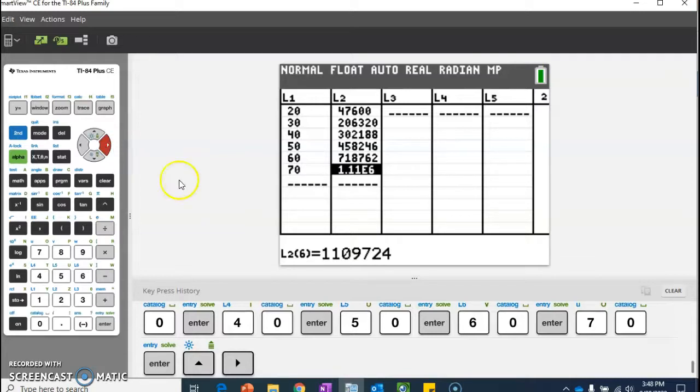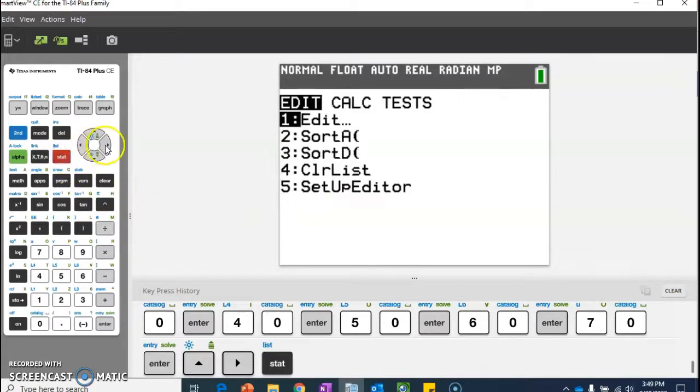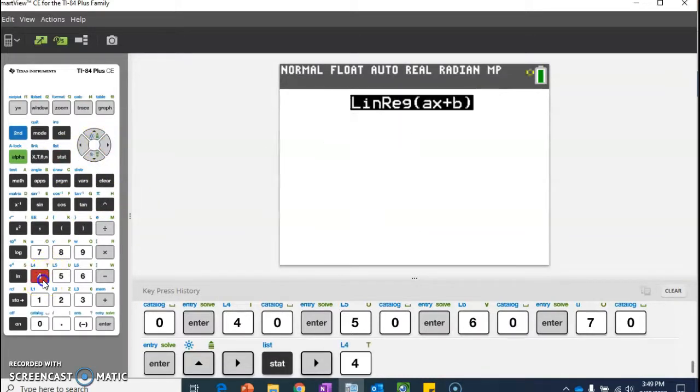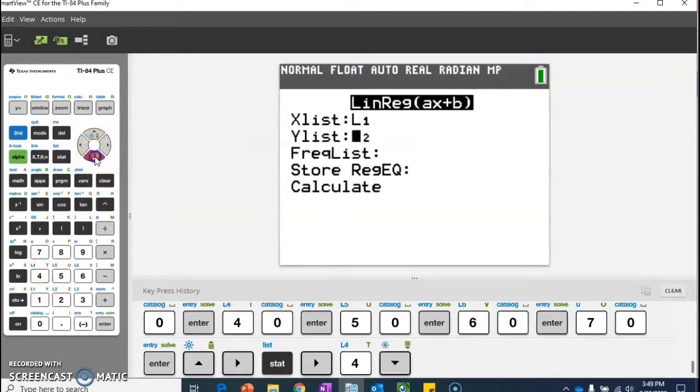But notice how at the bottom of the calculator screen, it tells me the actual value that is an estimate of. So the actual value is still in the calculator, just in case you're wondering. So now I'm going to go to Stat and Calc, and I'll go down to Choice 4, because I'm doing a linear model.